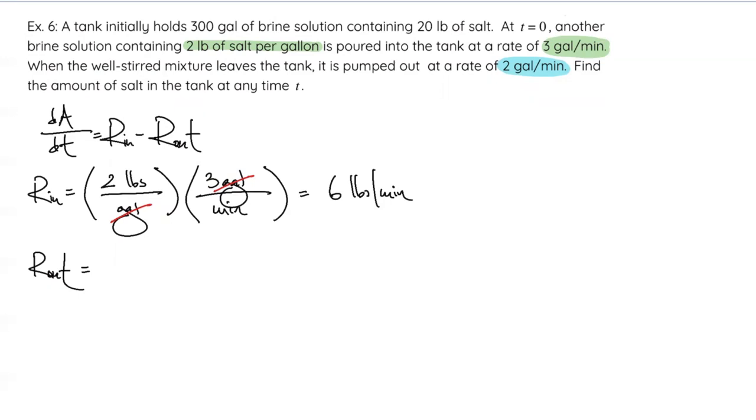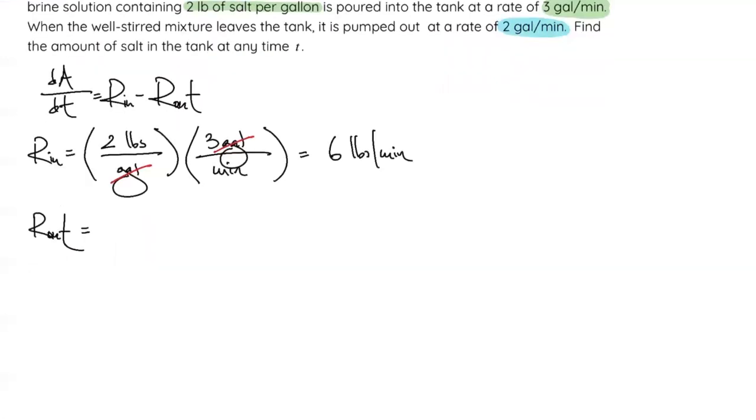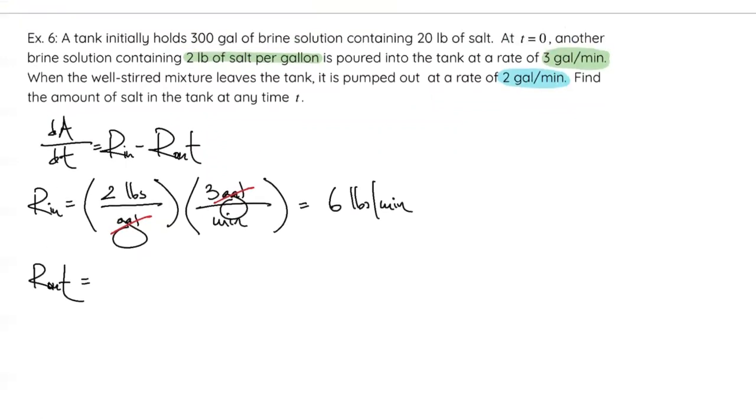So let me tell you what the equation is for the rate out, and then let's figure out where some of these variables come from. Like before, we have A of t pounds, and before we used to say it was just how big the tank was, 300 gallons.